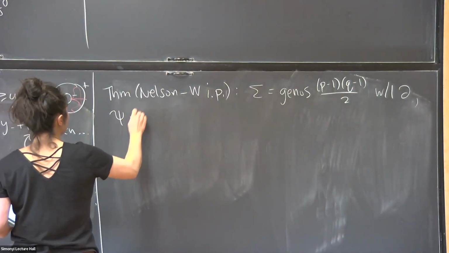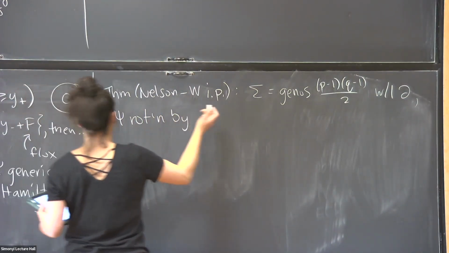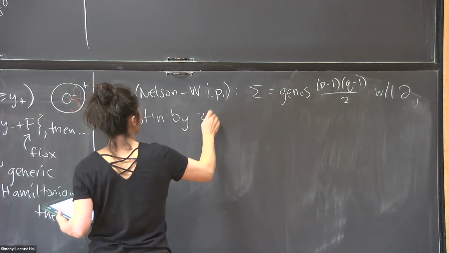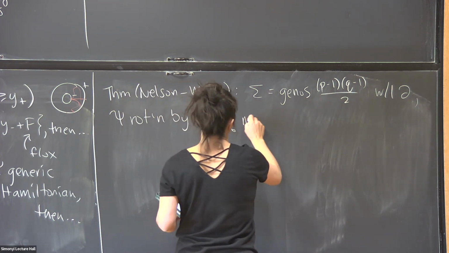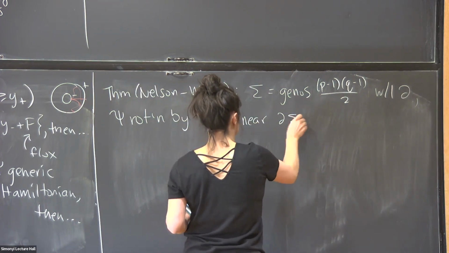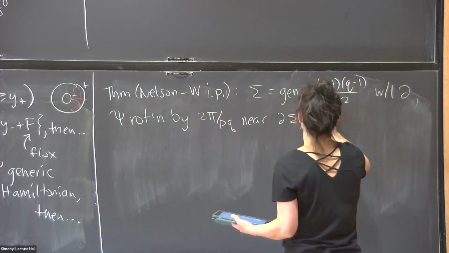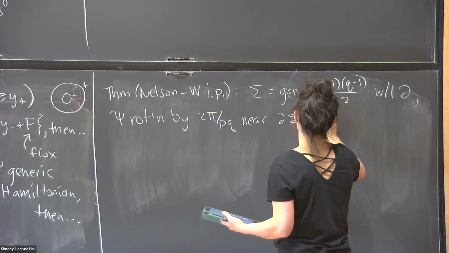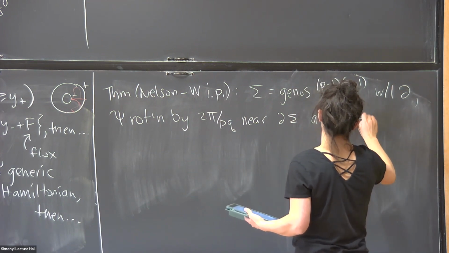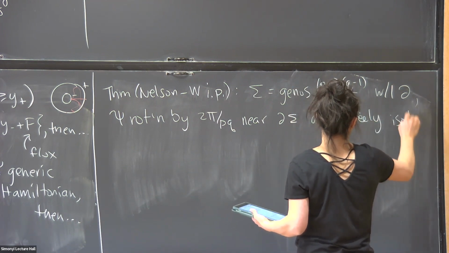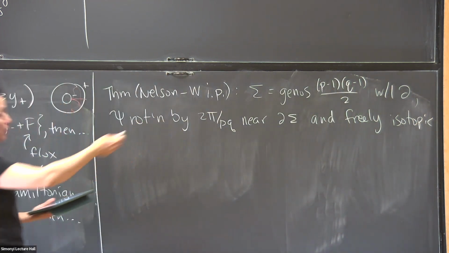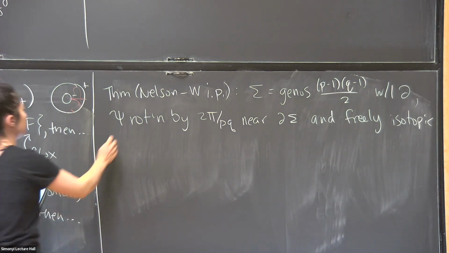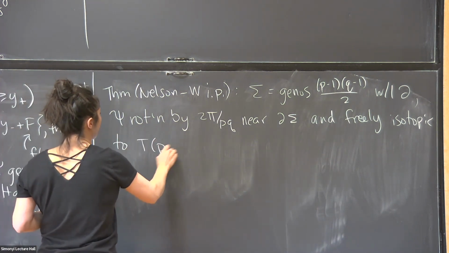Psi is the rotation by 2 pi over PQ near the boundary, and it's also freely isotopic, so I have to be able to move the boundary, to the T(P,Q) monodromy.